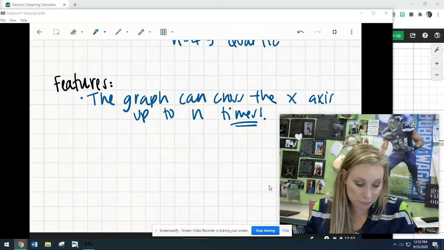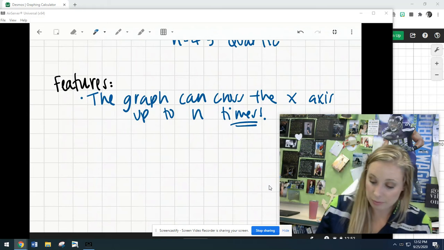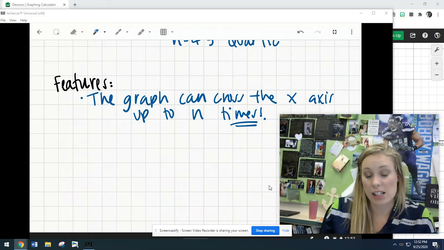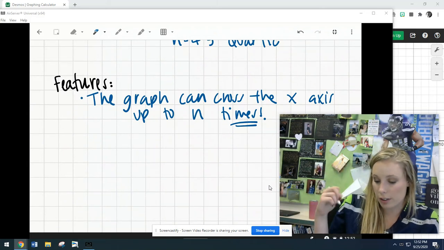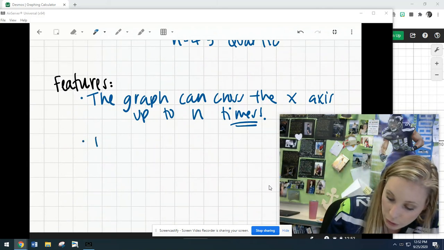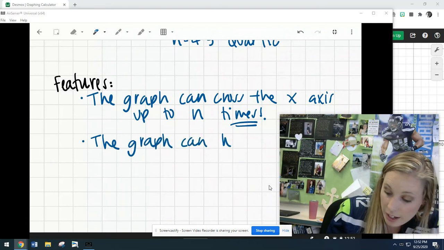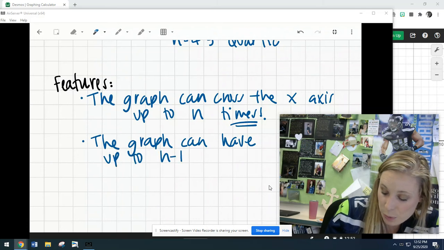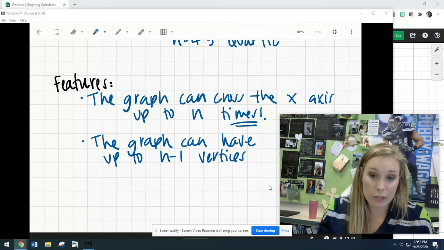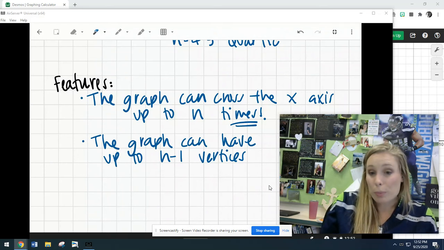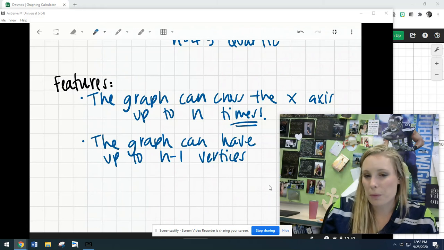That's pretty cool. A vertex is a min or a max on a curve. The graph of a polynomial can have up to n minus 1 vertices. So quadratic, you're going to have 1 vertex. A cubic, you could have 2.